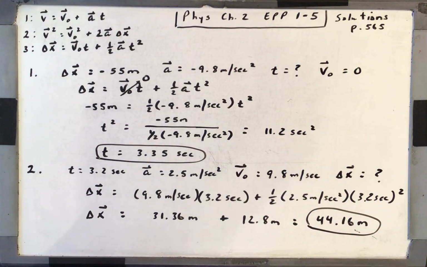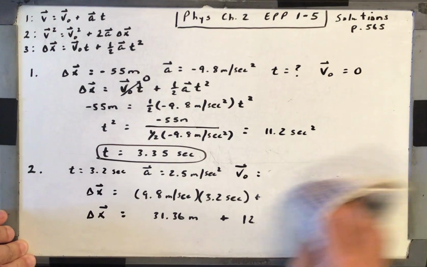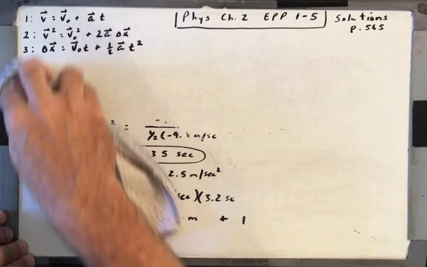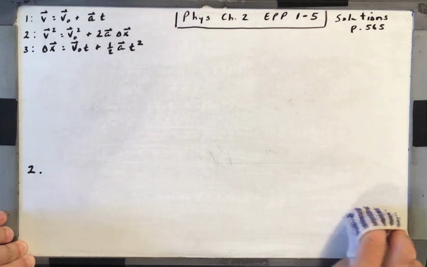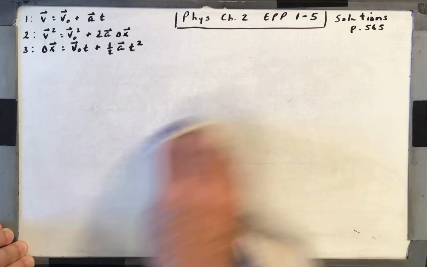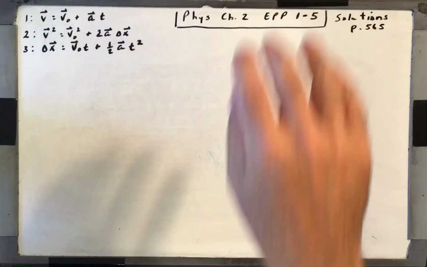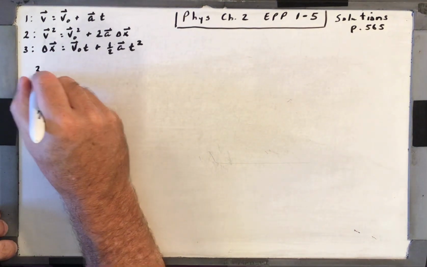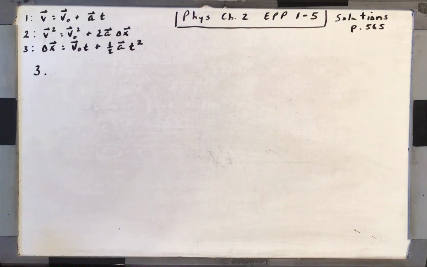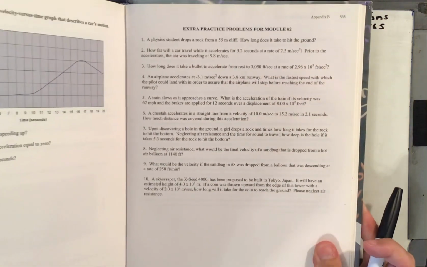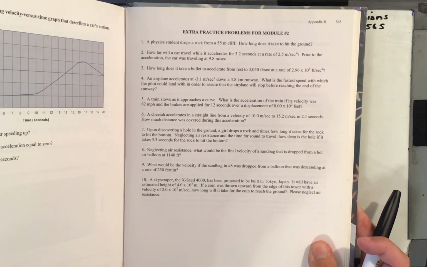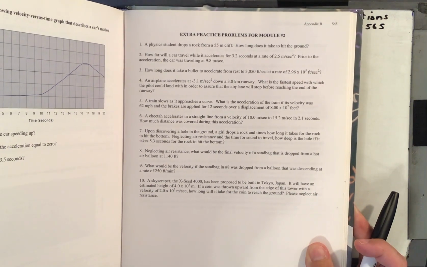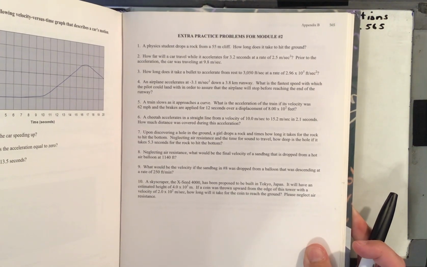All right. Let me erase this for a second. We'll do 3, 4, and 5. Okay, number 3 says, how long does it take a bullet to accelerate from rest to 3,050 feet per second at a rate of 2.96 times 10 to the 5th feet per second squared?